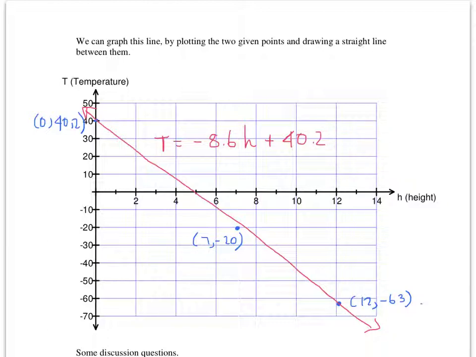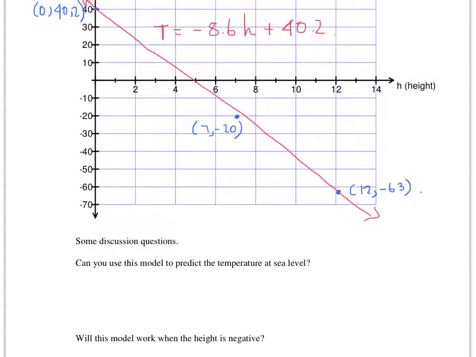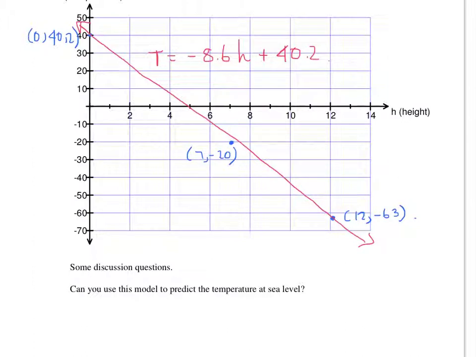Okay, so now let's see if we can answer the questions that are asked. Some discussion model questions. Can you use this model to predict the temperature at sea level? Well, sea level is when height is equal to 0, and we determined a temperature when height was 0. So this is 0 height, and we've got a temperature of 40.2.